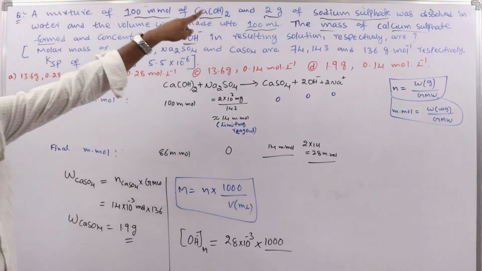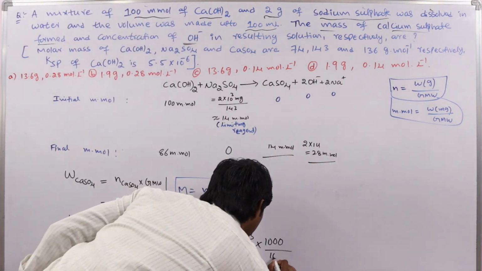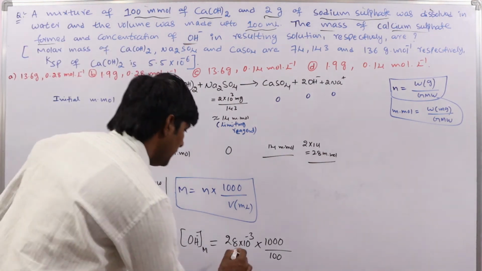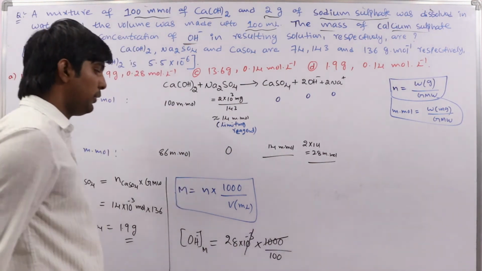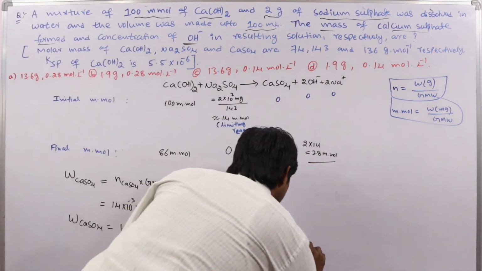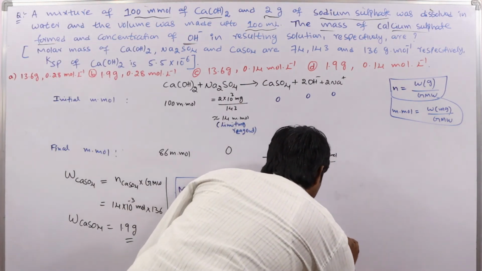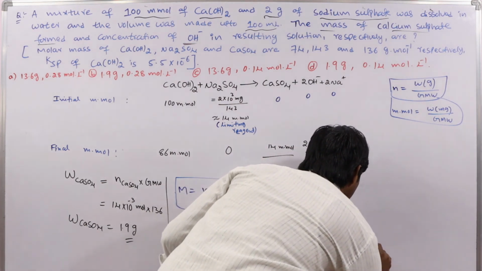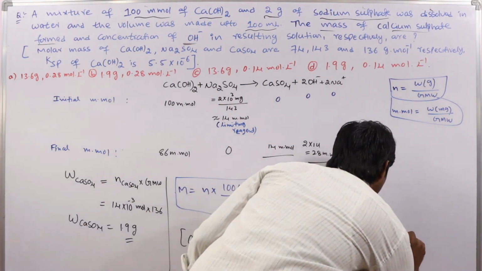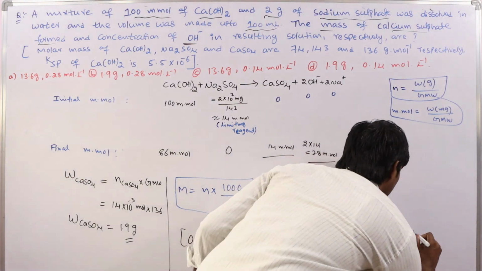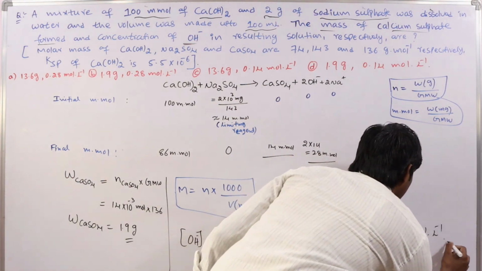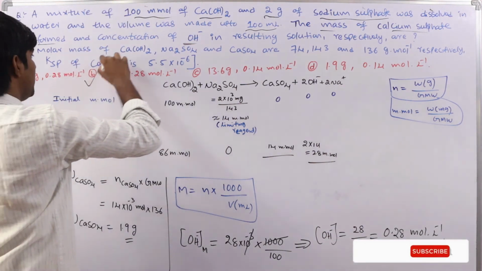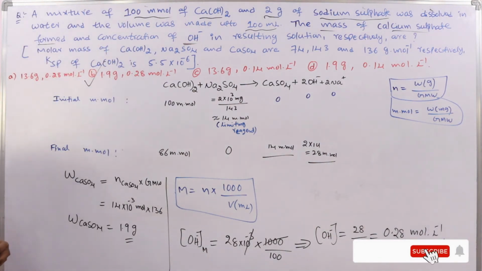What is the total volume of the solution? 100. So 10 power minus 3 and 10 power 3 get cancelled. So the OH minus ion concentration is 28 by 100, that is equal to 0.28 moles per liter. So what is the answer here? The second option is our answer.